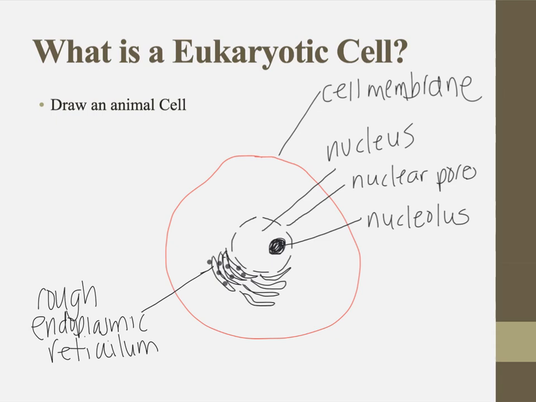Rough endoplasmic reticulum. And then we have what's called the smooth endoplasmic reticulum. Later on, you can abbreviate this as ER, but when you're drawing and labeling like this, you need to spell out the whole word. Sorry for your life. So we have the rough and the smooth. The rough has bumps on it, the smooth doesn't.